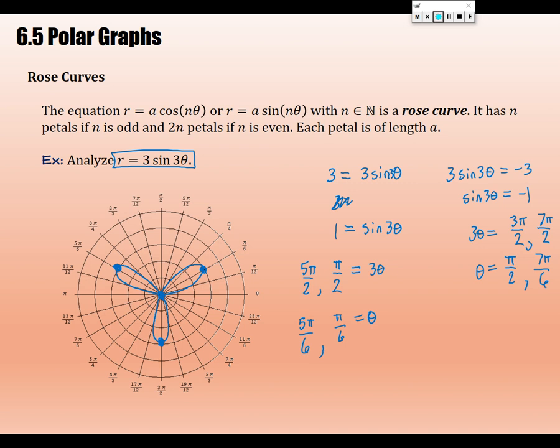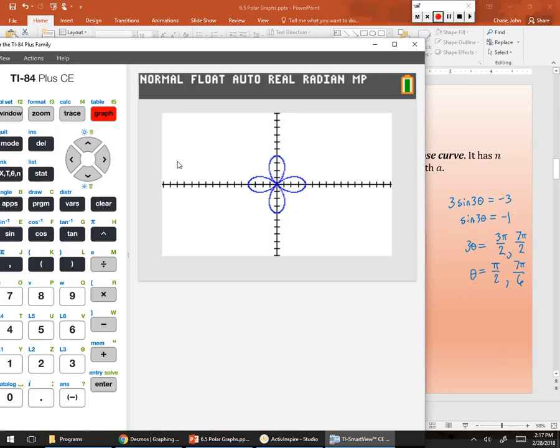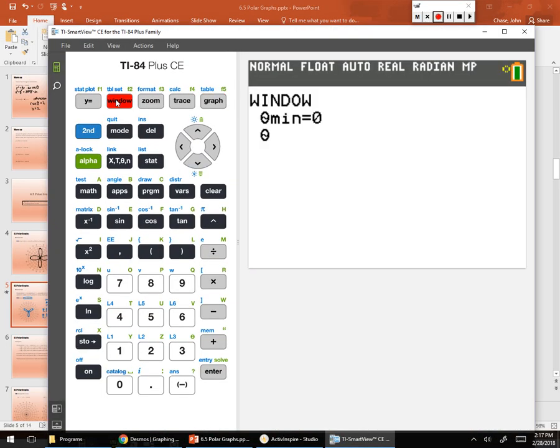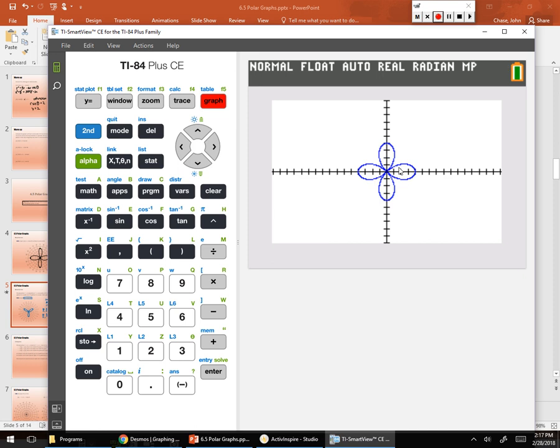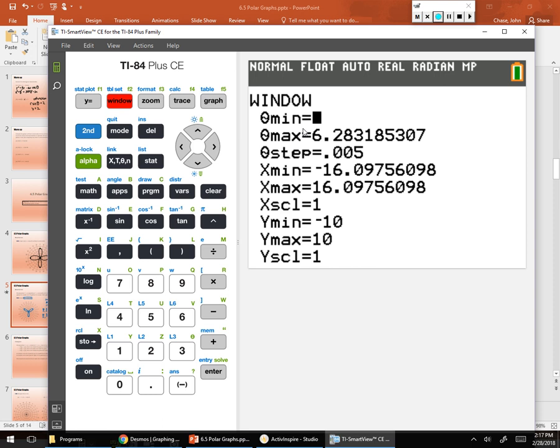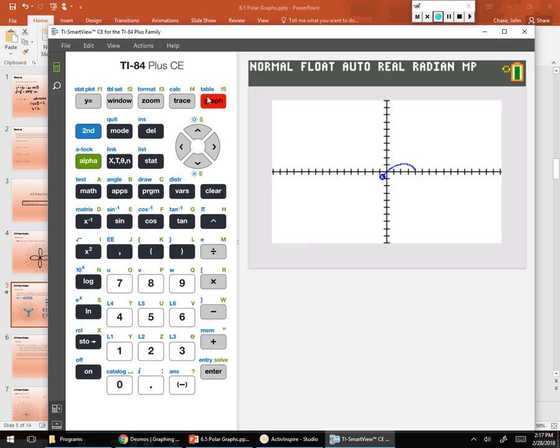One other thing I want to mention real quick. Just for fun, how do we get just this first petal here? Anyone want to say? Give me some restrictions on theta so that I only get that first petal on the last problem. Pi over 2? That was 0 to pi over 2. I want just that first petal.